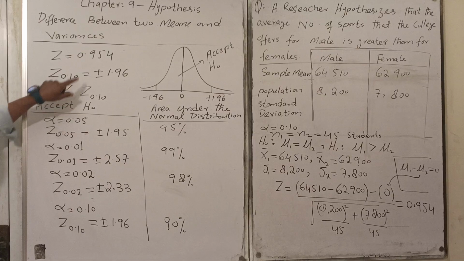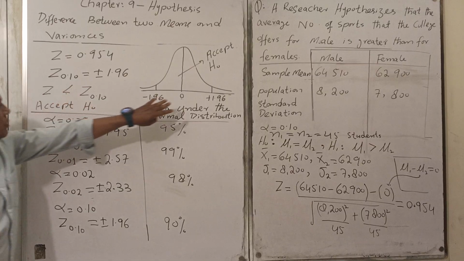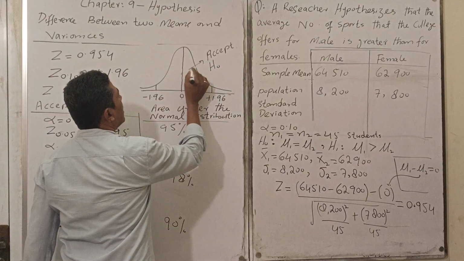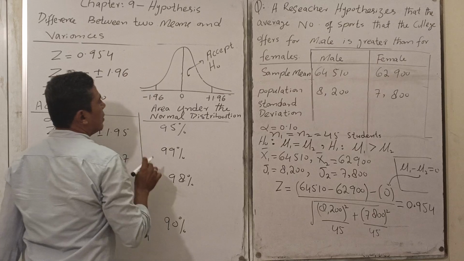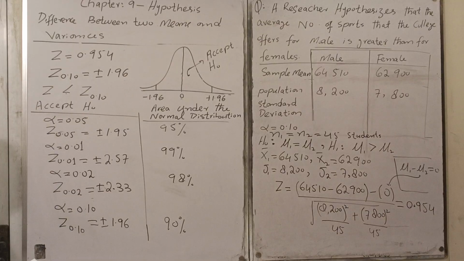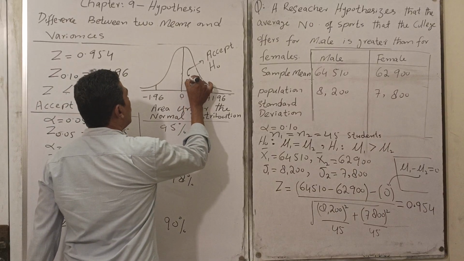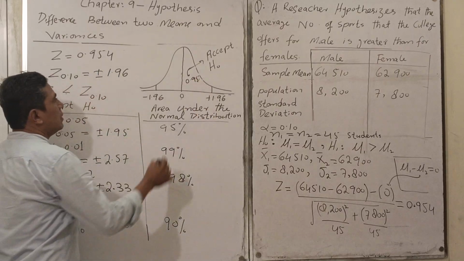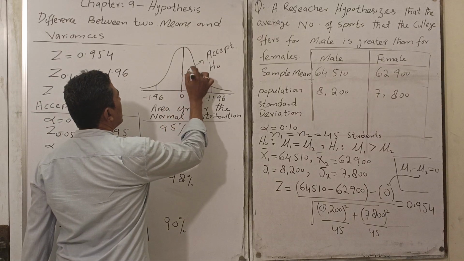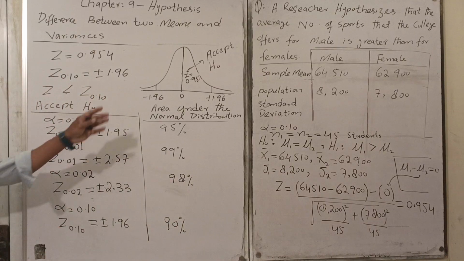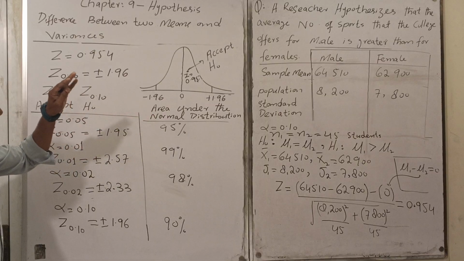Because the Z calculated value, 0.954, is less than this value and lies between this region. So your Z value lies here, something like 0.95. You got my point? So accept H naught, reject H1.